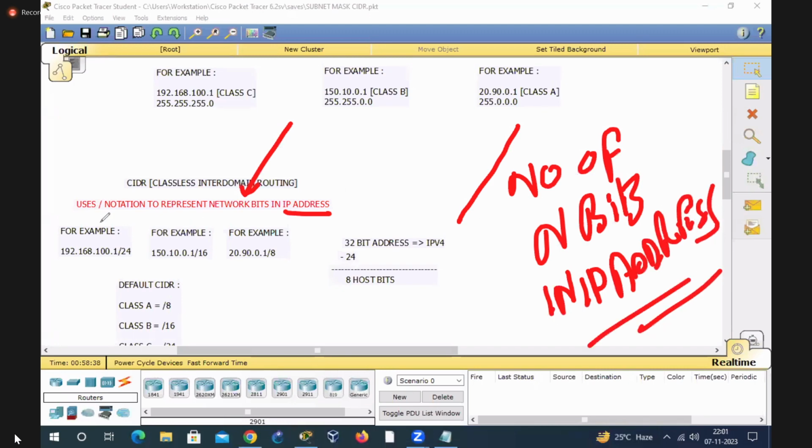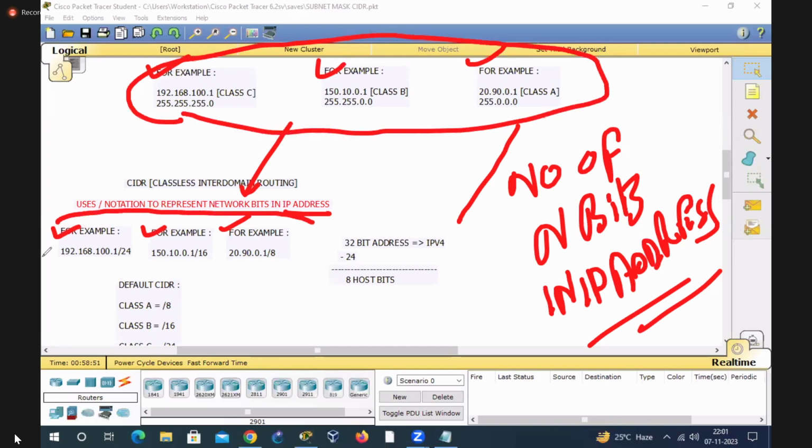As you can see, these are the same three examples we took in subnet mask. Can you tell me the similarity between these three examples and these three examples? The IP address is the same, and the number of network bits is the same, right?